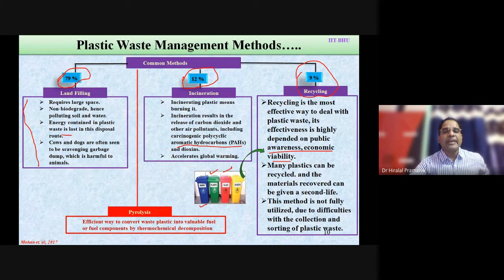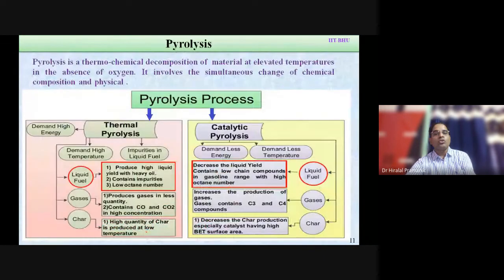Another method, which was not tried from the beginning, started only recently, 10 to 15 years back, is that plastic can be converted efficiently via the pyrolysis route. So what is pyrolysis?